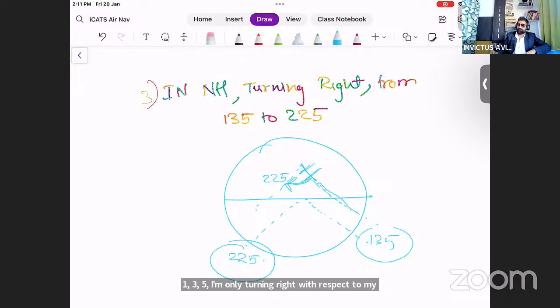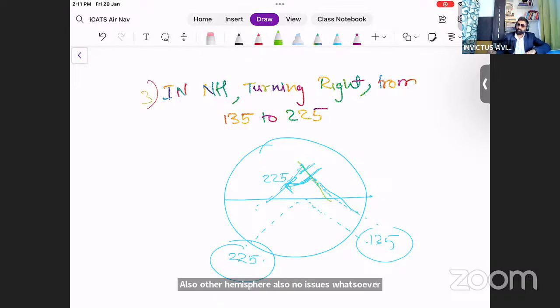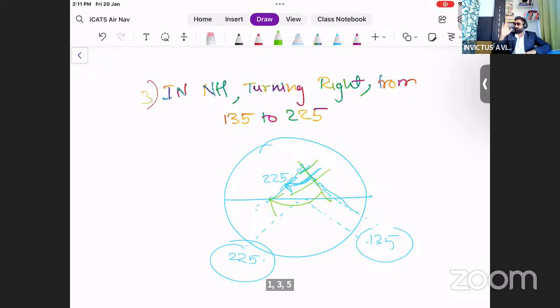From 135, if I turn right, I'll align my aircraft on 225. It's possible in both places. It's possible in Southern Hemisphere also, other hemisphere also. No issues whatsoever. 135. Look at the pilot's perspective. It is a right turn only.